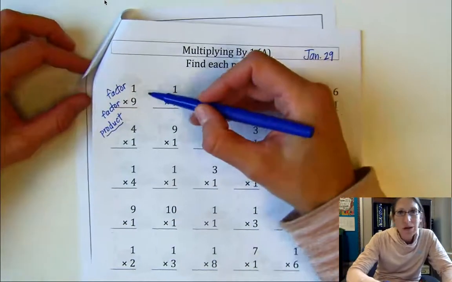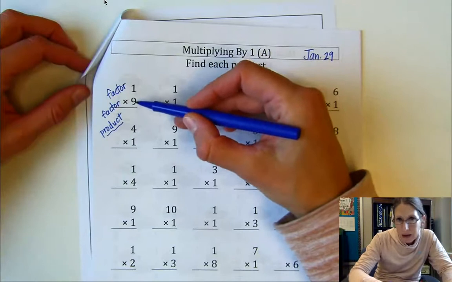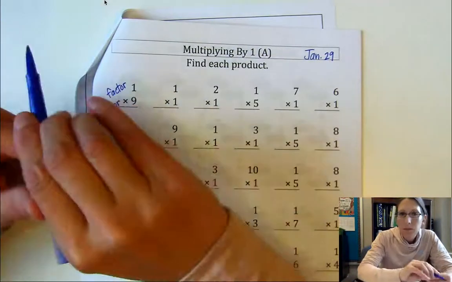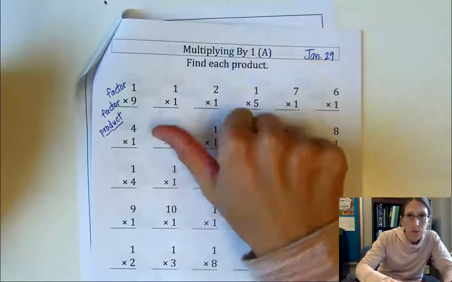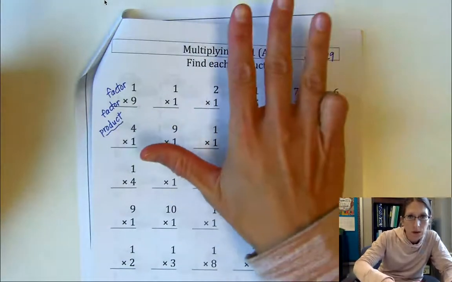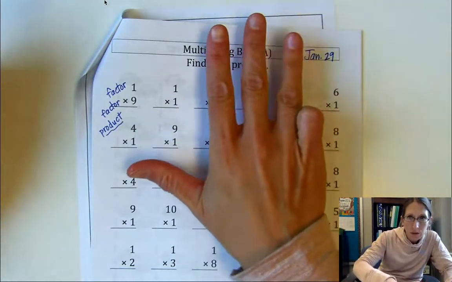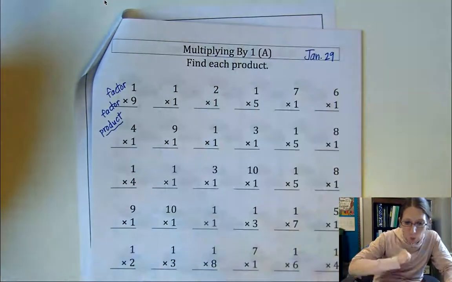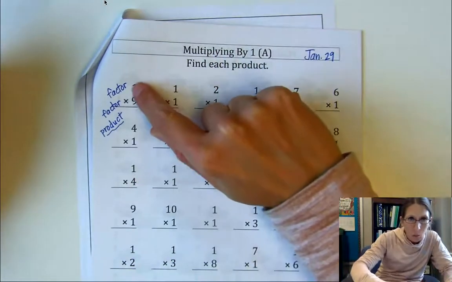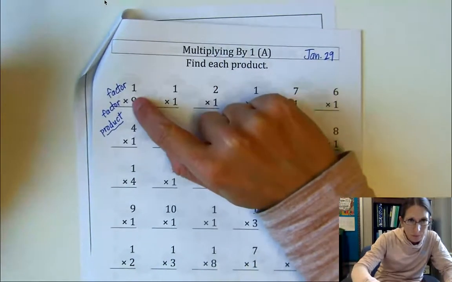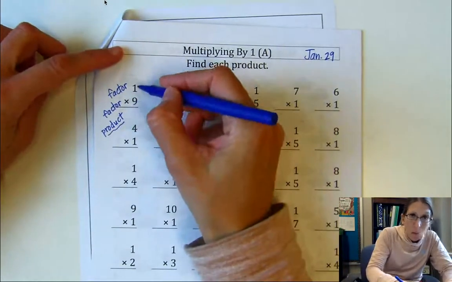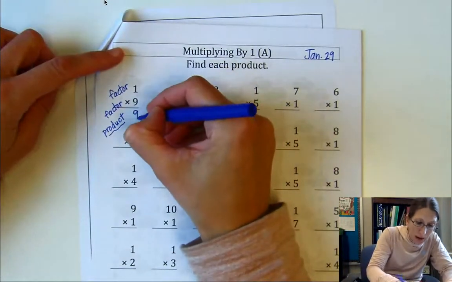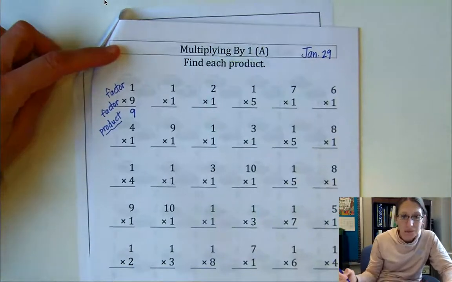So if you have the number 1, 9 times, 1 plus 1 plus 1 plus 1 plus 1 plus 1 plus 1 plus 1 plus 1. What's the answer? 9. What about if you have the number 9 one time? 9. So anytime you multiply a number times 1, the answer, the product, is that number.